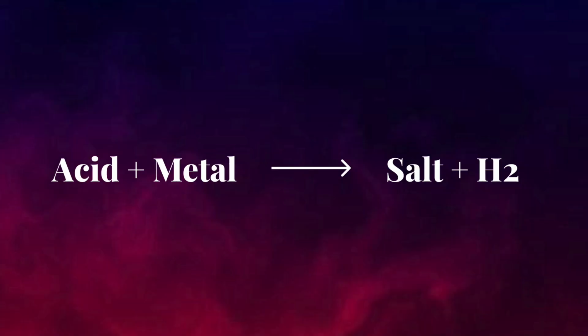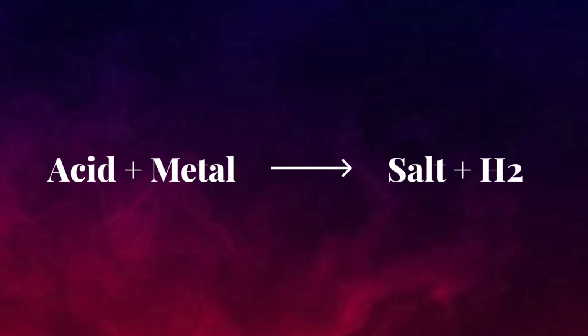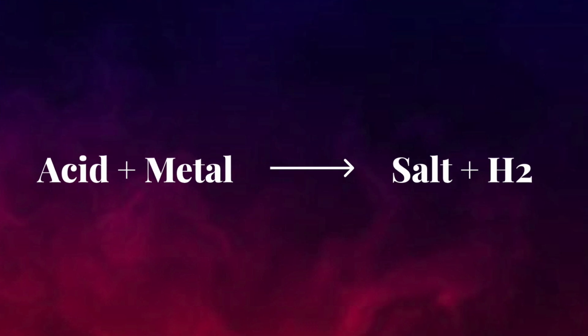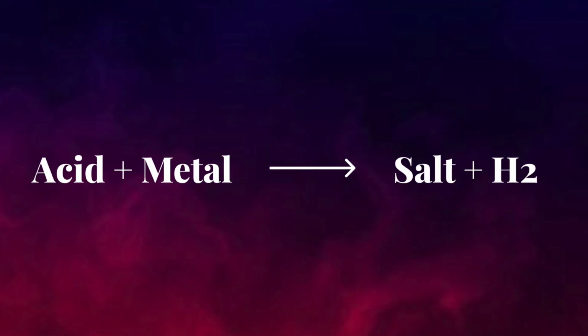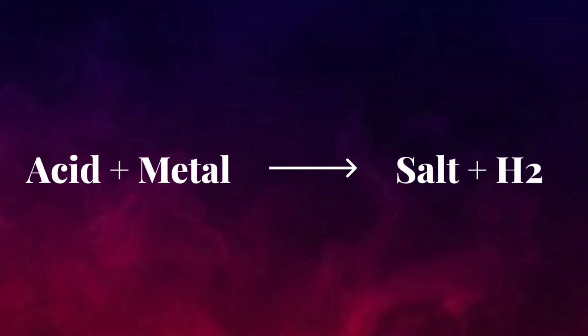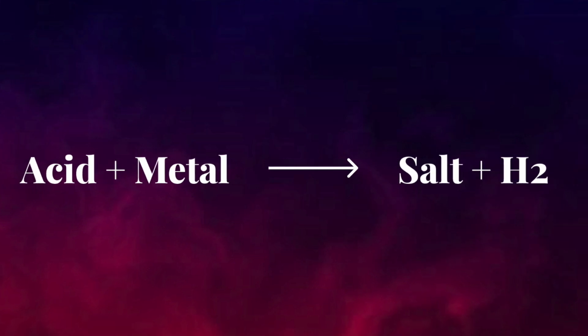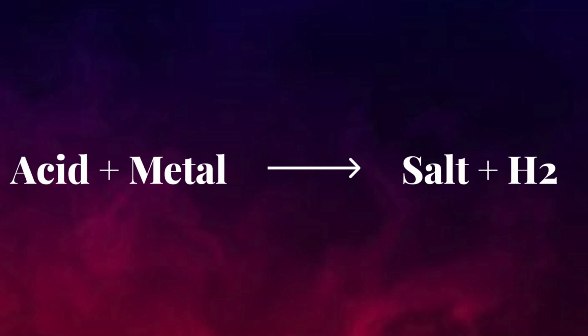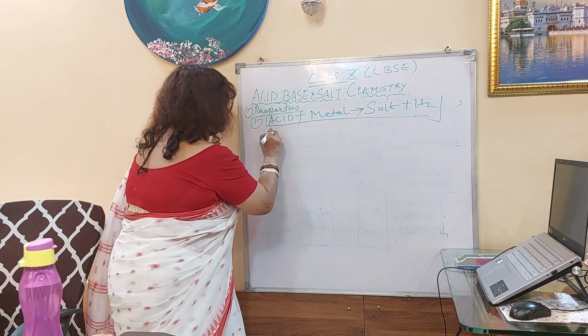Acid plus metal. The reaction of metals and acid will give rise to what? Salt plus hydrogen. Write all the reactions in boxes. This is the skeletal reaction. Now that acid can be, I can take that acid to be H2SO4.